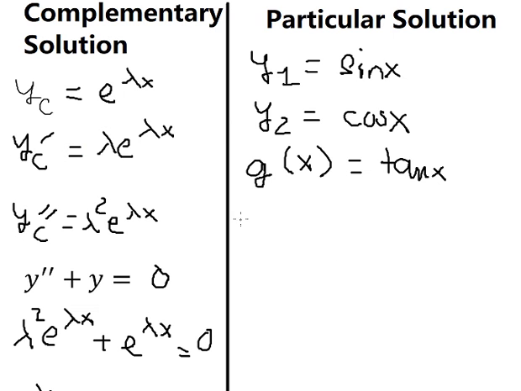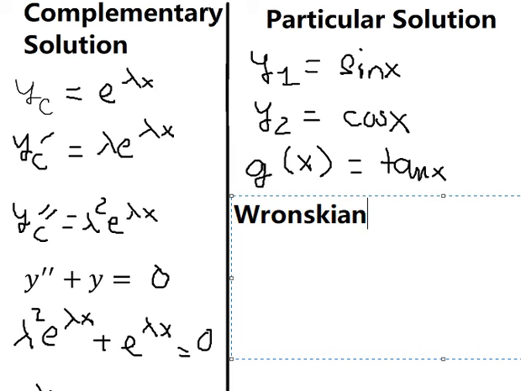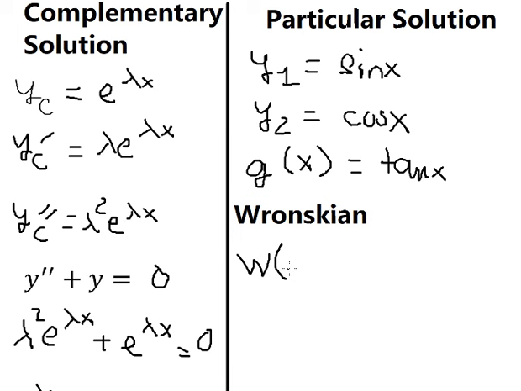Next, we need to use the Wronskian. So we have W in here, and that should be y1, y2, and we have the matrix in here. This is the determinant.